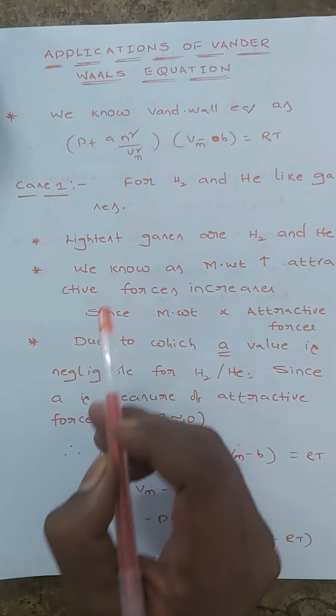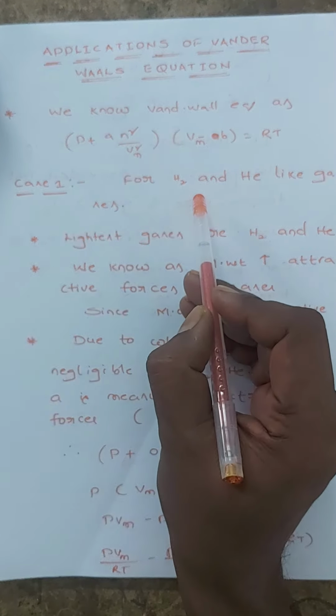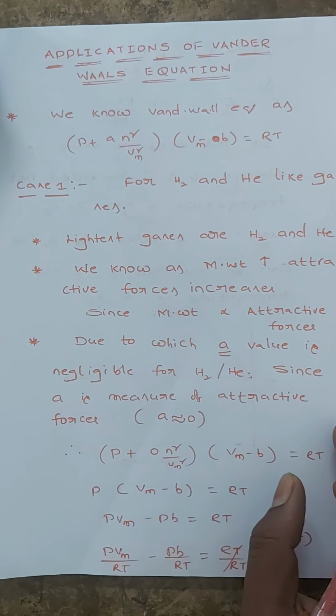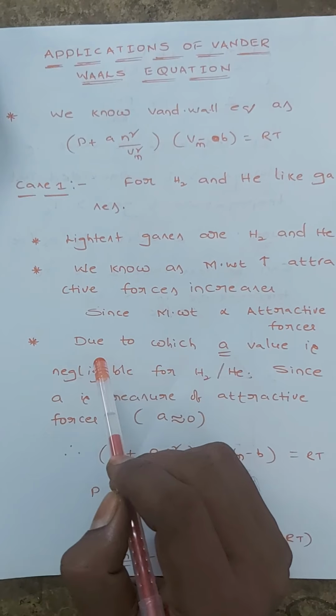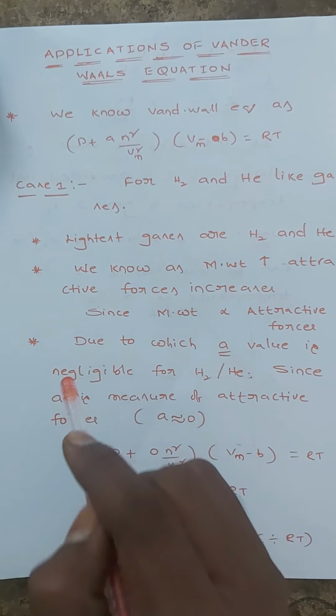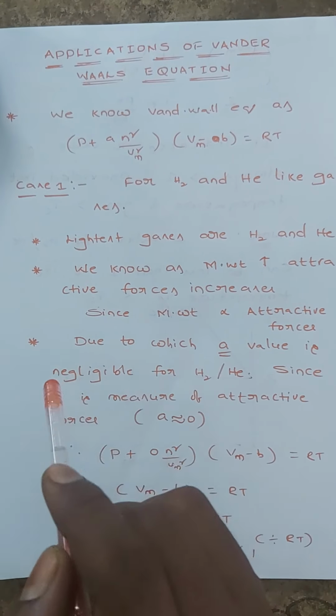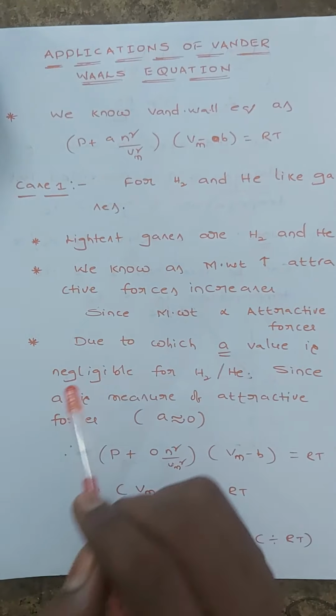In case 1, I would like to apply this van der Waals equation for hydrogen and helium like gases. We know that hydrogen and helium are the lightest gases in nature. And at the same time, we know that attractive forces depend on molecular weight.